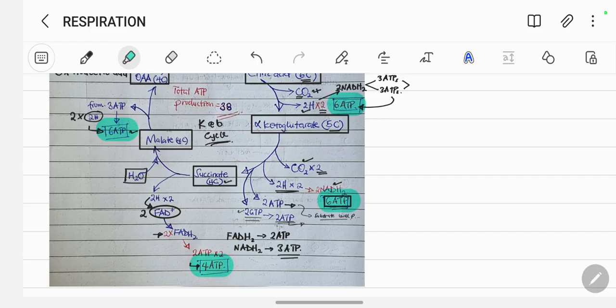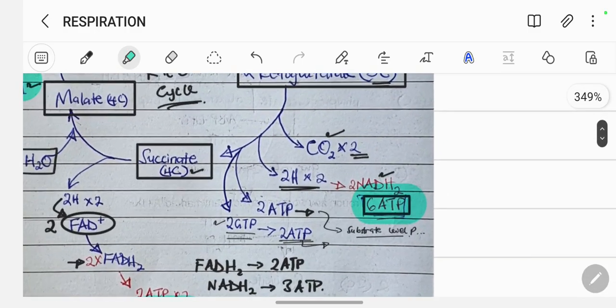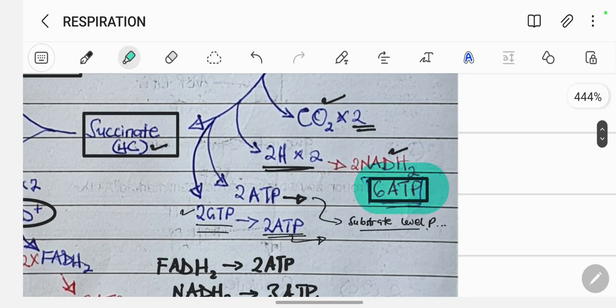Then when we add on this ATP here, that ATP there, it will give us 24. And that one there gives us 26.